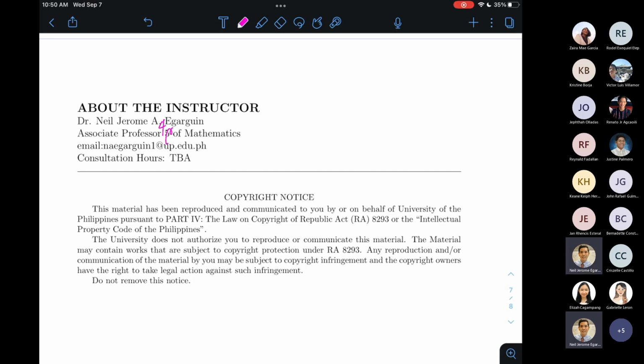Because what I'll do is magbibigay ako ng pop-up quizzes during the live sessions, all right? It could be a multiple choice problem that will pop up every now and then sa buong lecture, all right? Or recitation points for those who would answer my questions via chat katulad kanina, si Crisel, si Raf, si Zaira. Meron na sila, meron na ba si Crisel? Yeah, meron na rin si Crisel. So, yeah, meron na silang recitation points for today for participating via chat.